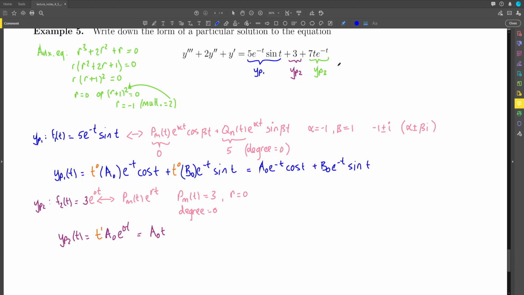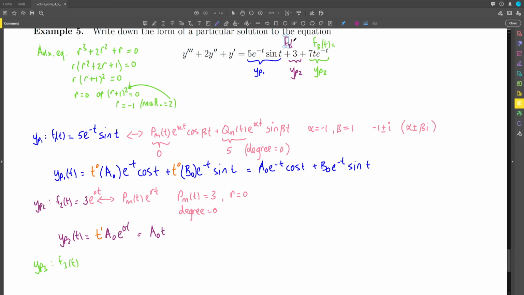And then finally, our yp3 is associated with f3 of t. So again, this is not yp3. I should probably write that, let's call that f3 of t, that which is associated with yp3.